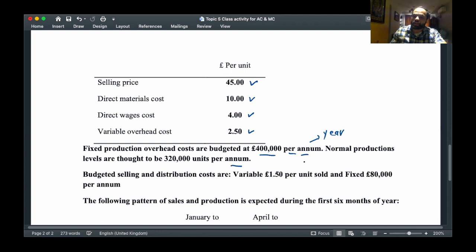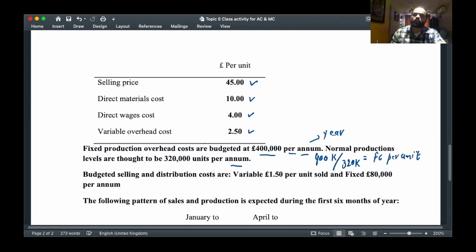So what does it mean? It means 400,000 pounds divided by 320,000 will be your fixed cost per unit, right? Fixed overhead cost per unit. This is your fixed production overhead cost per unit, all right?